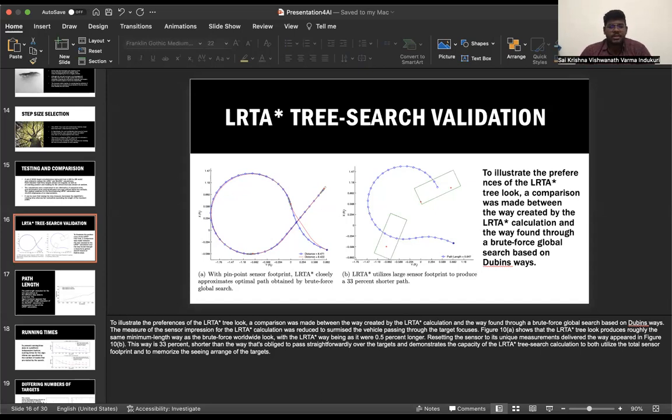So the measure of the sensor impression for the LRTA algorithm was reduced to summarize the vehicle passing through the largest forces. Figure A shows the LRTA star tree search produces roughly the same minimum length value as the brute force global search, with the LRTA path being only 0.5% longer.